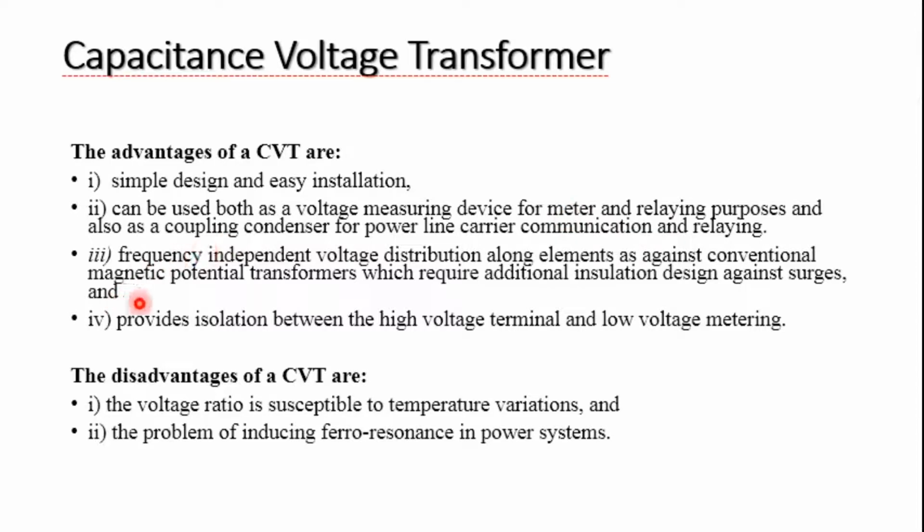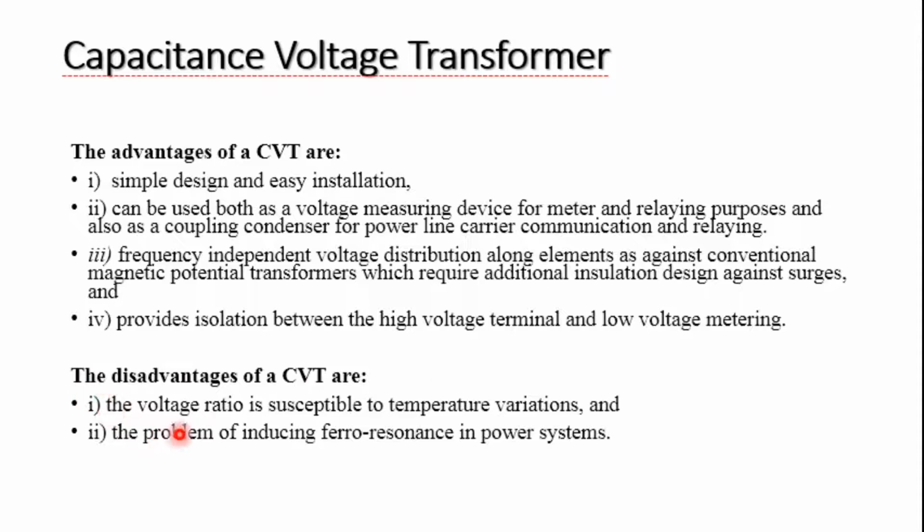Then it has a frequency independent voltage distribution along elements, as against conventional magnetic potential transformers, which require additional insulation design against such problems. So here we don't have any such problem. Also, the capacitance voltage transformer provides isolation between the high voltage terminal and the low voltage terminal because of the transformer which we used.